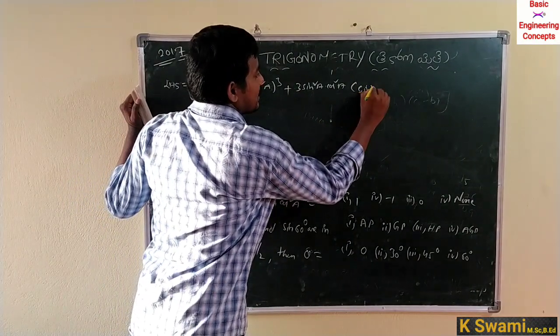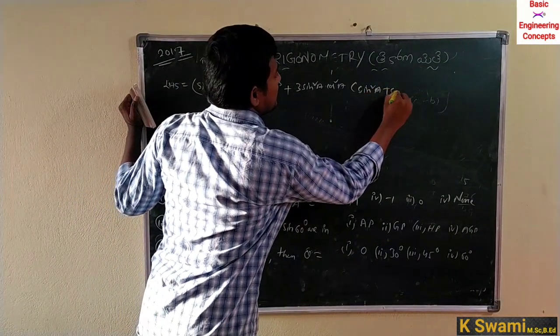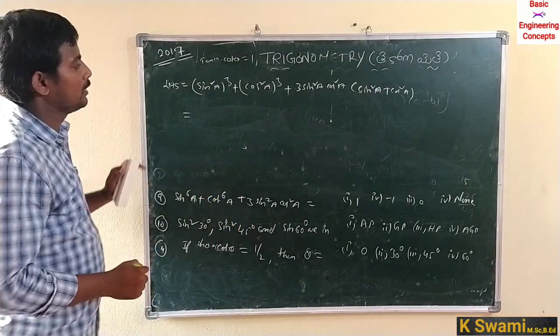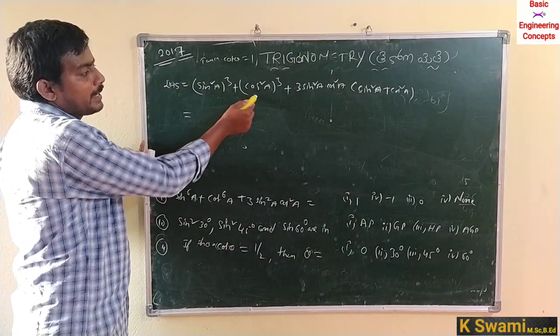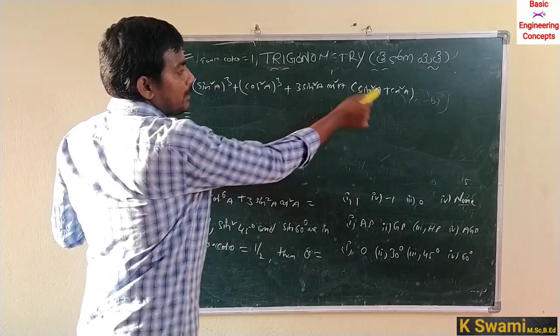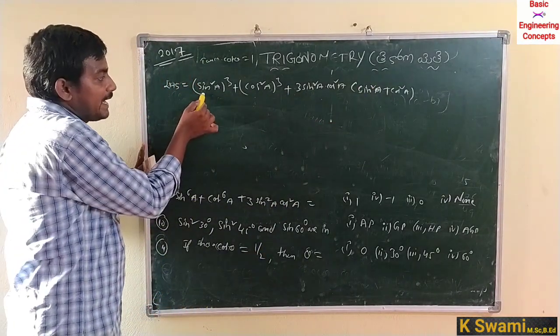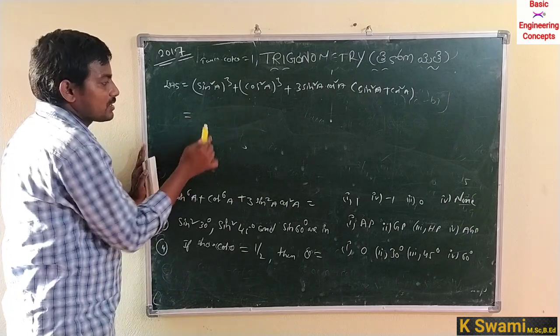Here a cube plus b cube plus 3ab into a plus b is a plus b whole cube, where a is equal to sin square a and b is equal to cos square a.